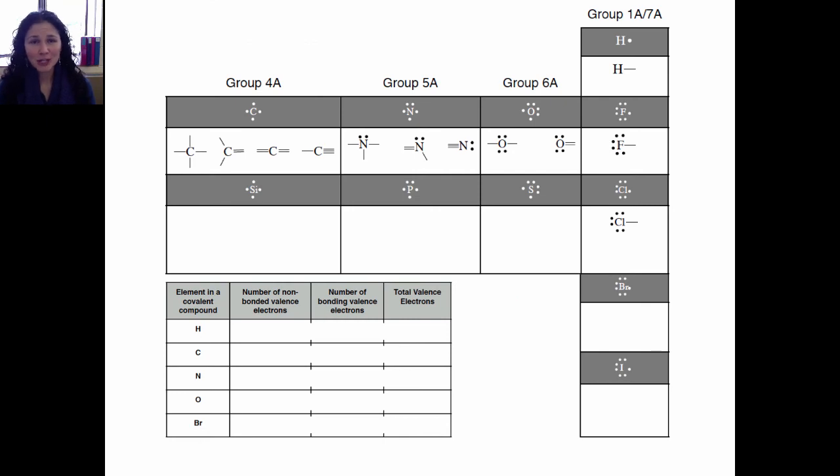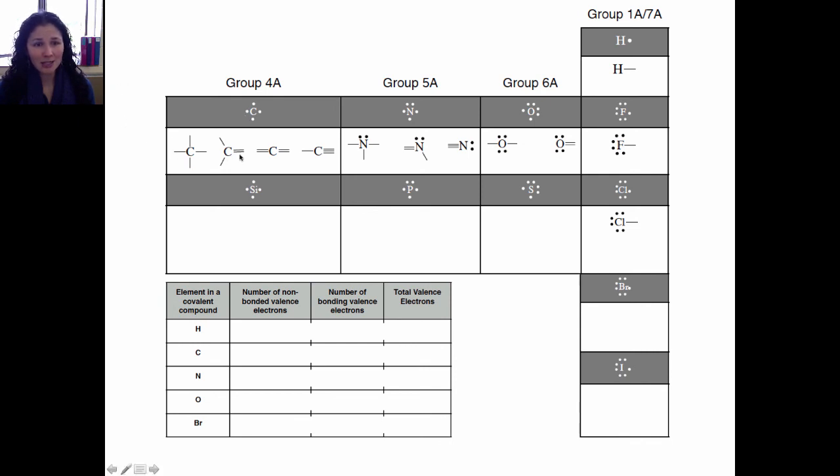On the next page of your activity is this chart. And I'd like you to notice that this chart is organized in a similar way as the periodic table is organized. So we have group 4A elements, carbon and silicon. And notice how I've drawn this Lewis dot symbol of carbon so that it's very obvious that it needs 4 electrons and that it can make 4 bonds.